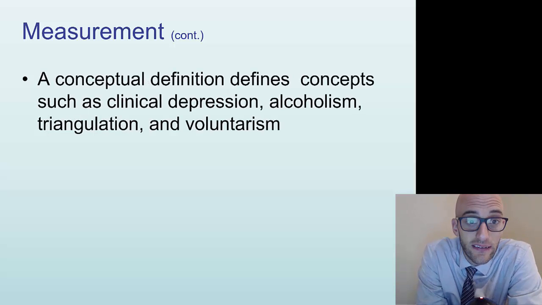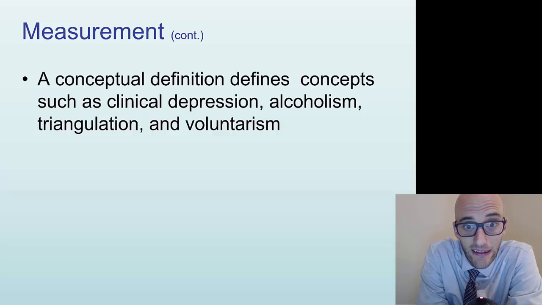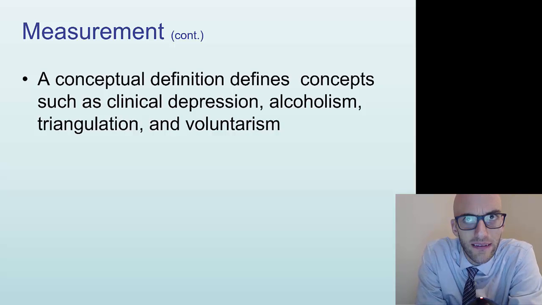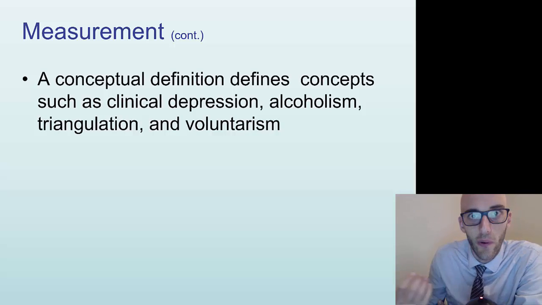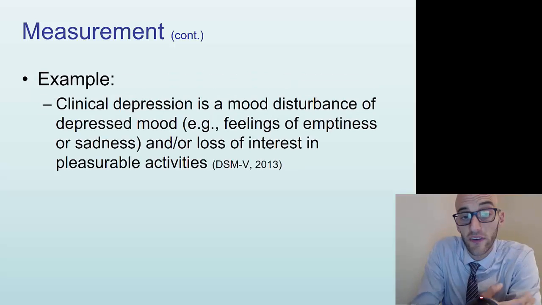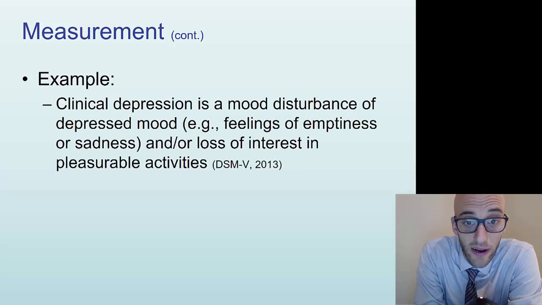Conceptual definitions can include such things as clinical depression, alcoholism, triangulation, volunteerism, things that we know colloquially what they mean, but conceptually defined, we can talk in more specific terms about how we're going to specify that. For a conceptual definition of clinical depression, we could look at the DSM-5.